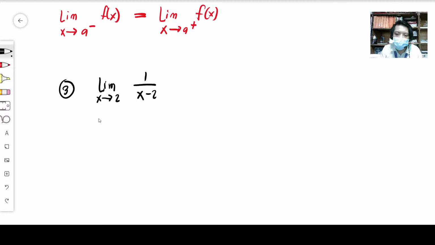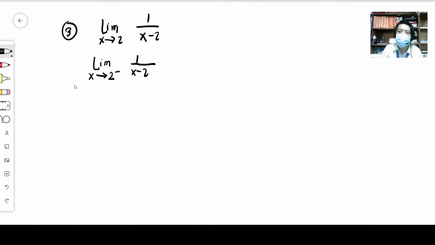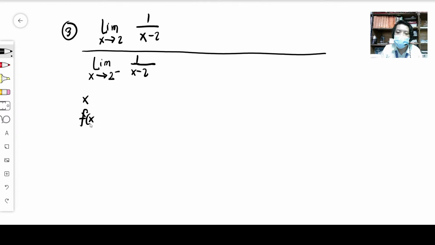To solve for this, let us solve for the left-hand limit first, meaning the limit of the function 1 over x minus 2 as x approaches 2 coming from the left. So you have to construct the table of values again, with x and f of x.